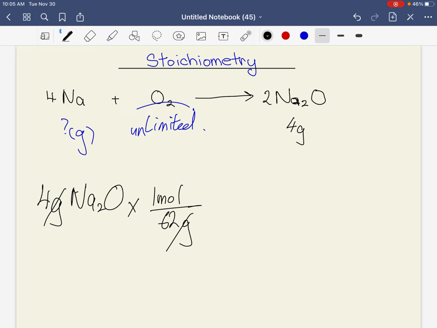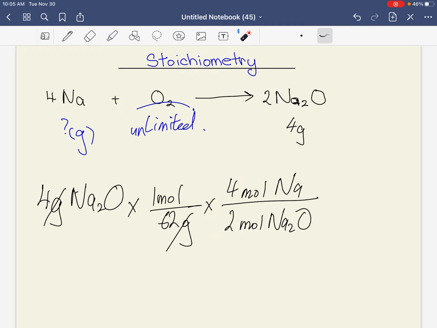So grams and grams cancel. So now I have moles of sodium oxide. For every 2 moles of sodium oxide, I need 4 moles of sodium. See how important it is to know how to balance these things well? If you don't balance things well, you're not going to get these numbers. If you don't get these numbers, everything's out the window.